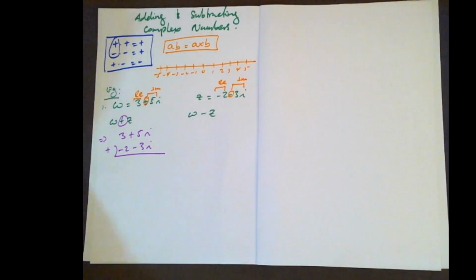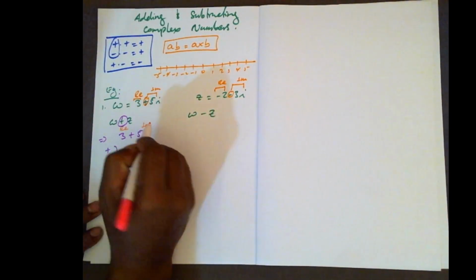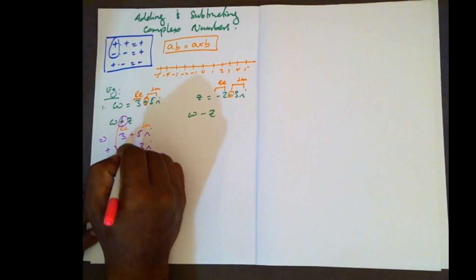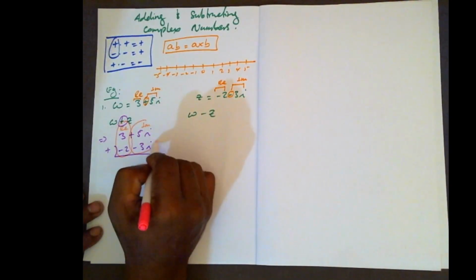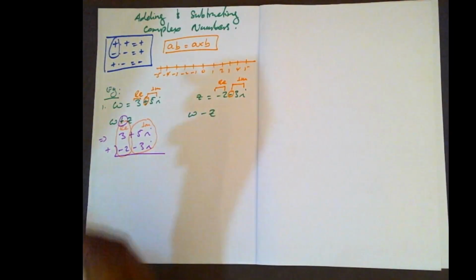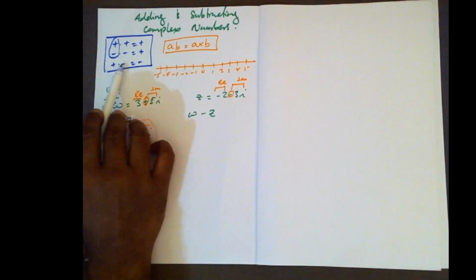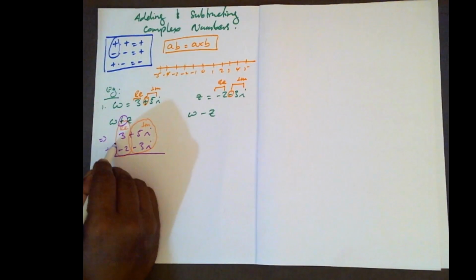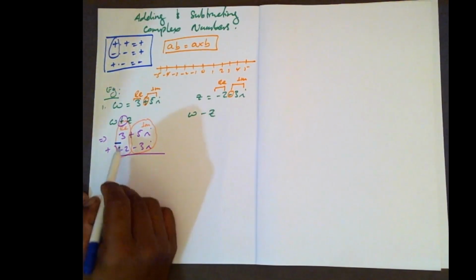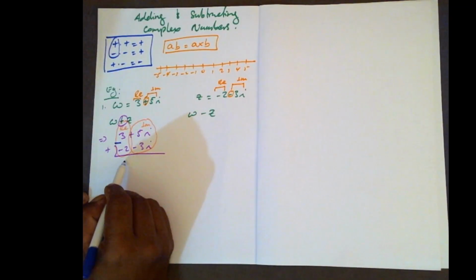Like I said, we can only add and subtract our real with our real and our imaginary with our imaginary value. So 3 plus minus. What is positive times a negative? Positive times a negative is negative. So this is a negative value: 3 minus 2, which is nothing but 1.